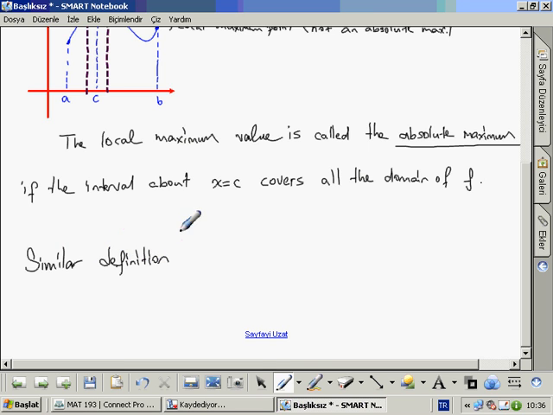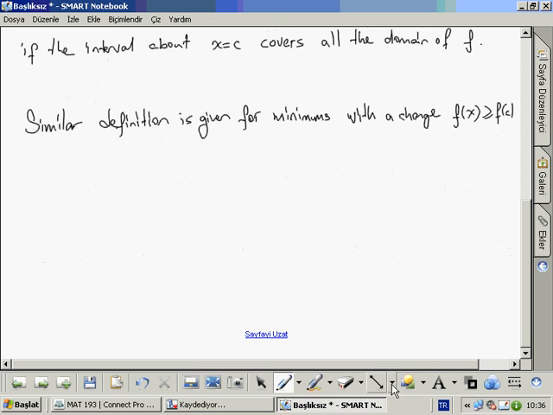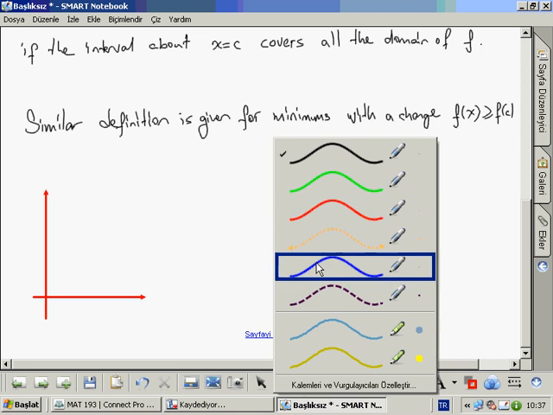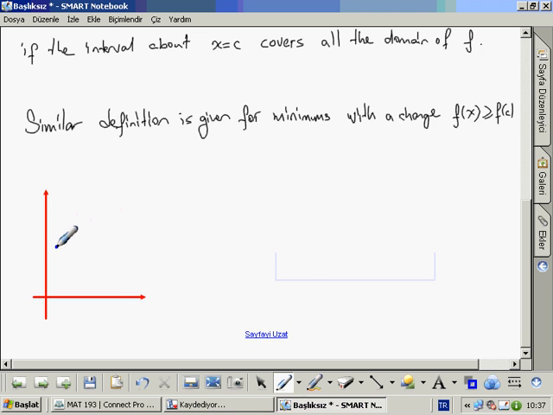And a similar definition is given for minimums, with a change: f of x larger than or equal to f of c, only that. And samely, sketch it, for example.